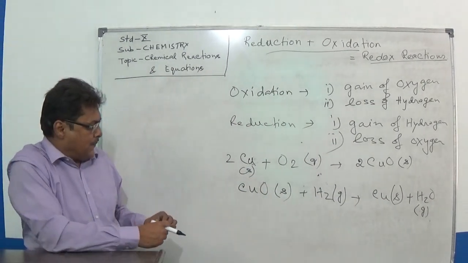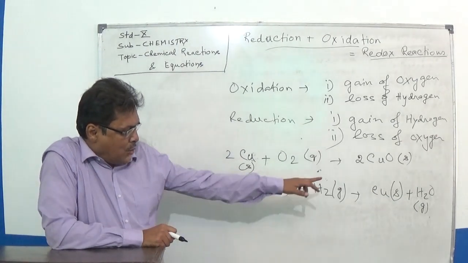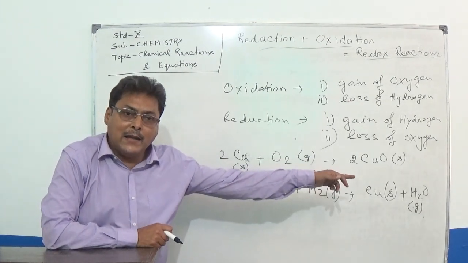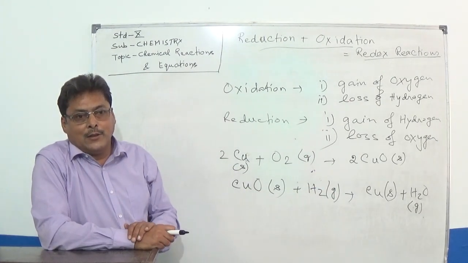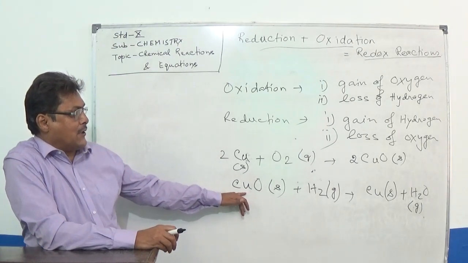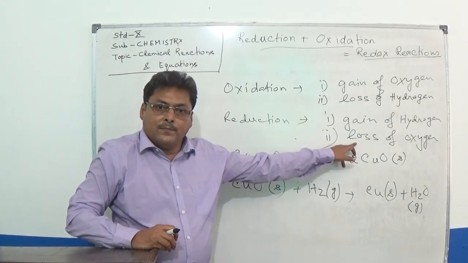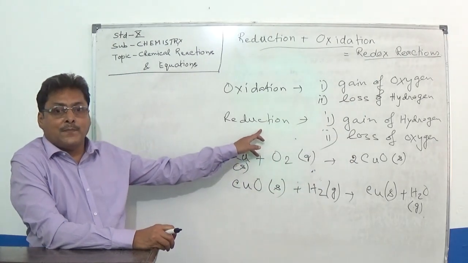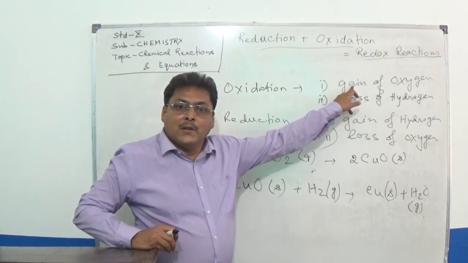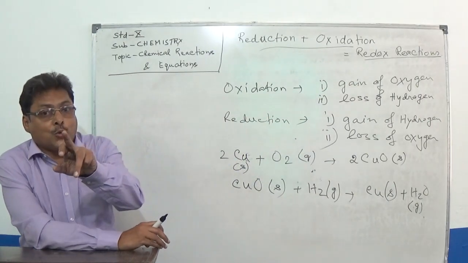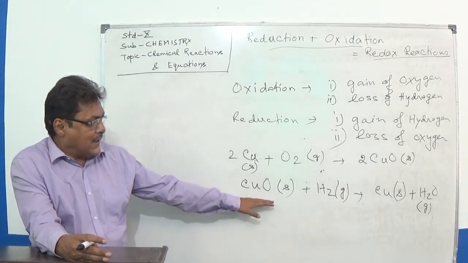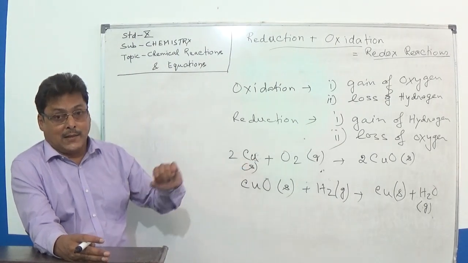Now look at this one. Copper oxide has lost oxygen and hydrogen has gained oxygen. So copper oxide has lost oxygen, so it is a reduction reaction. But hydrogen has gained oxygen, so it is an oxidation reaction also. They went hand in hand. So this kind of reaction is called the redox reaction.